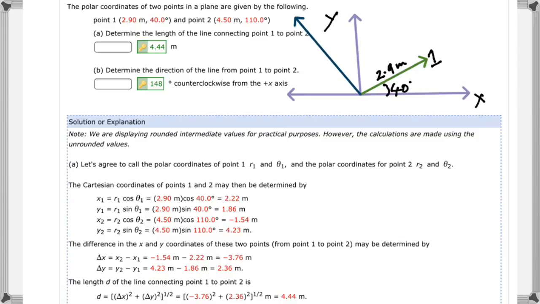It's longer. So this total angle here becomes 110. Let me write that down here, 110. And this distance is 4.5 meter. So that is what is given there.